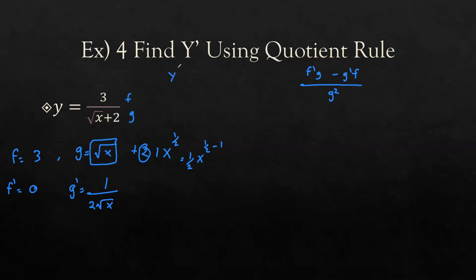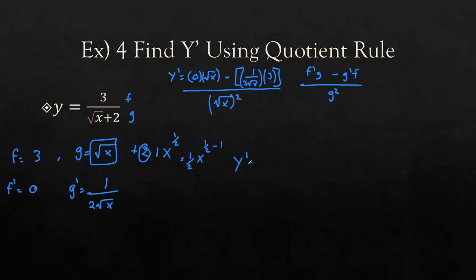So y prime equals f prime, which is 0, and then g is radical x, minus bracket, g prime is 1 over 2 radical x times regular f, which is 3, all over g squared. So g is radical x, and then we're going to square that.